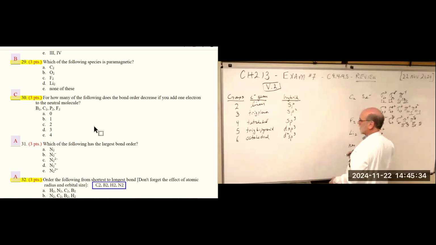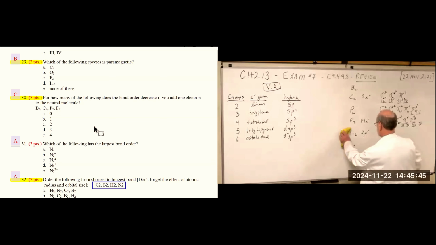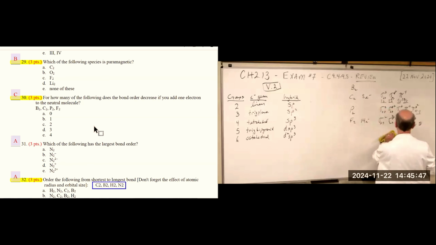A, B, C, and D are numbers. The first one is B2. Second one is C2. Third one is P2. And the fourth one is F2. So there we go. We got F2 already done. We got C2 already done. We need B2.